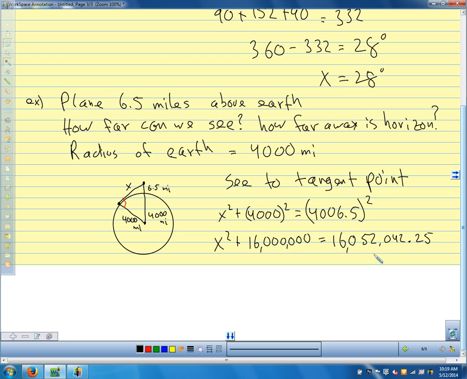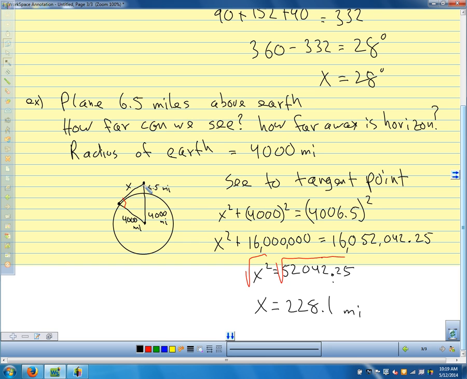Subtract 16 million from both sides, and all I'm left with is 52,042.25. So x squared equals 52,042.25. All I did there was subtract the 16 million from both sides, and take the square root to undo that square, and I get x equals 228.1 miles.